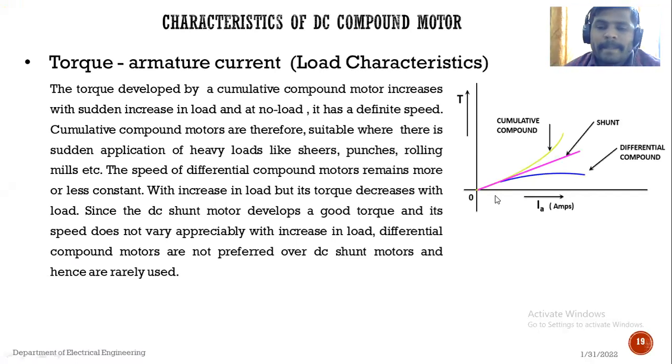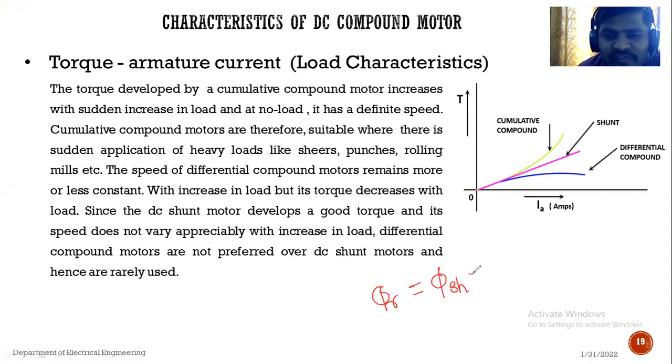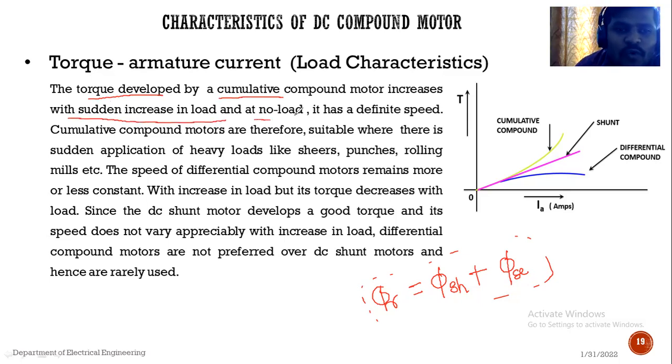See, the torque developed by the cumulatively compounded motor. I have already told you the difference for the cumulatively compounded motor. That means if the total or resultant flux phi r equals the sum of the flux produced in the shunt field winding and the flux produced in the series field winding, then that motor is called a cumulatively compounded motor.